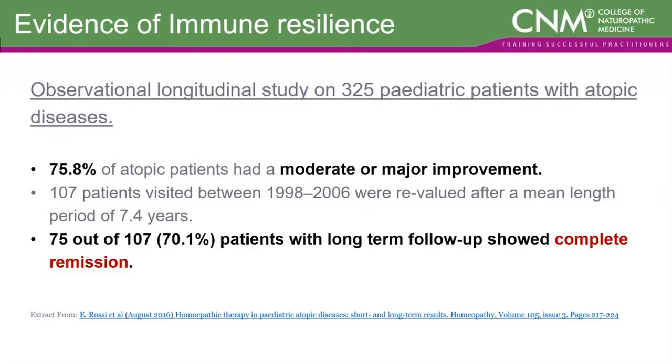So there's no resurgence or evidence of an atopic march. If you remember that slide I showed you earlier, talking about how little ones progress through this atopic march, where they develop eczema when they're very little, which then progresses into food allergies, then hay fever, then asthma.